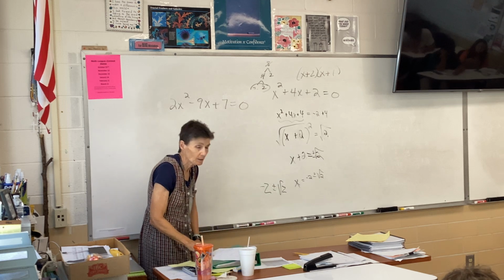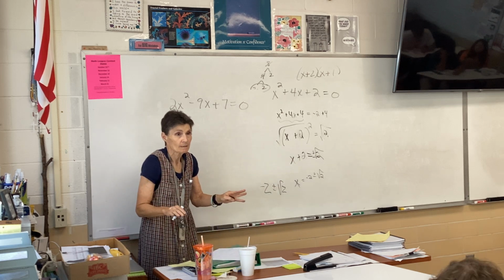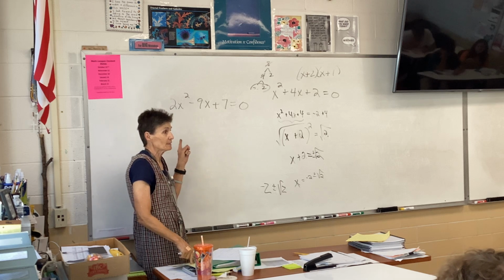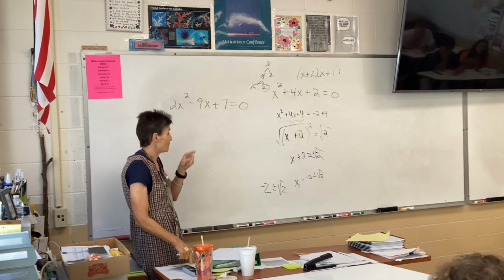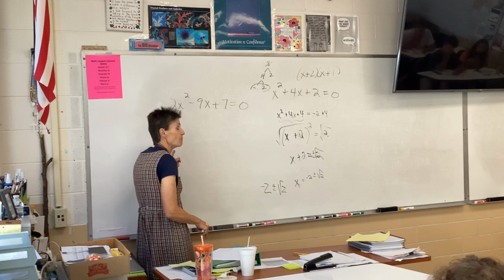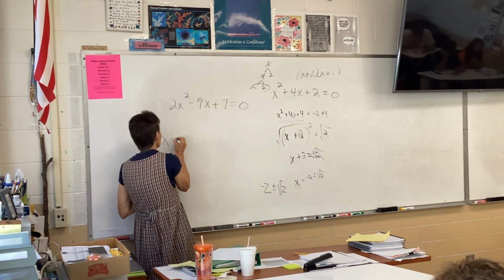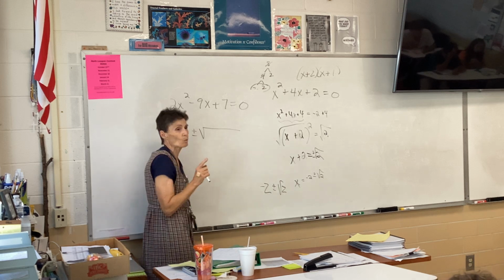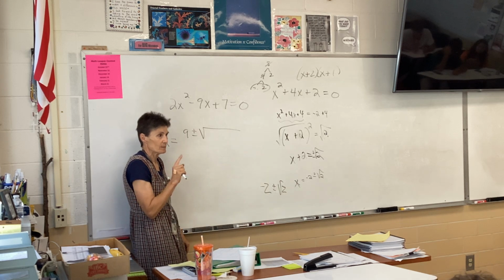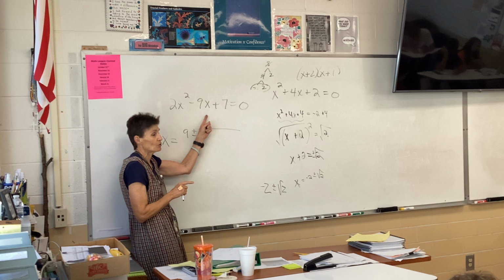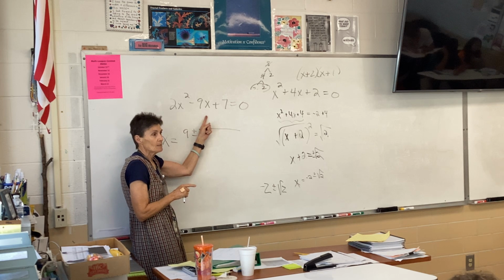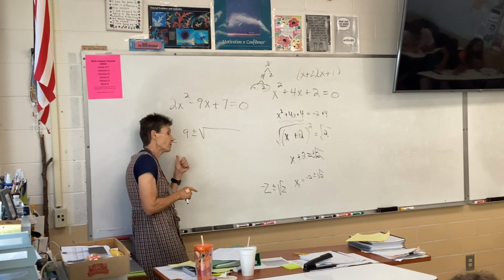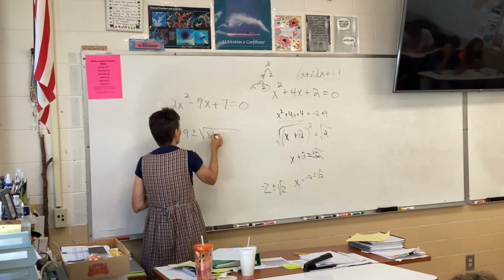Solve this problem however you want. This one, I believe, does factor, so if you want to try to factor it, that's fine. You can also use the quadratic formula. You can also complete the square, but that would be ugly. I would not complete the square because you have to divide by 2 and that would give you a fraction. So I would either try to factor it or use the quadratic formula.